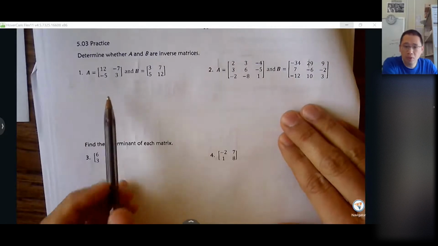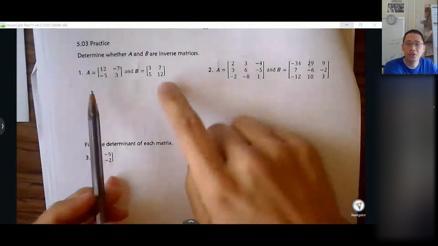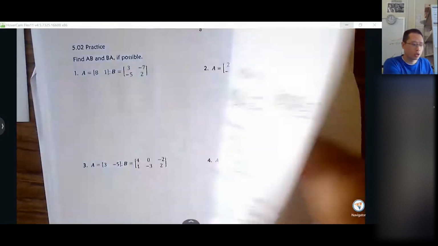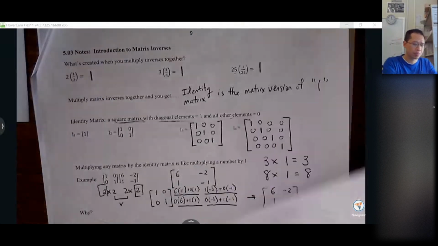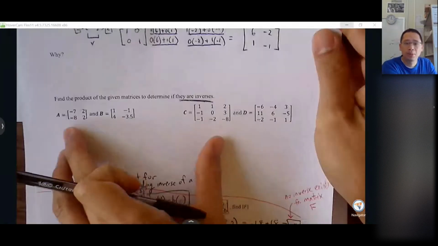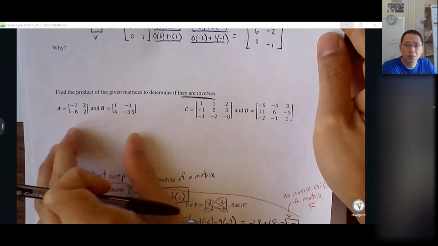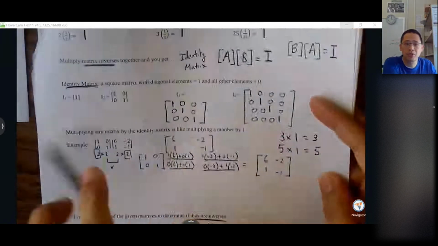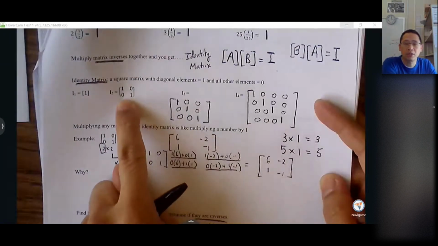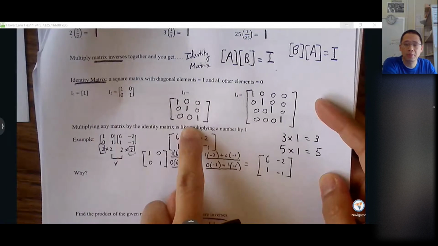I'm going to skip over 1 and 2 because this is basically repeating what we did with the previous problems, where we're just multiplying the two matrices to see if they produce a 2x2 identity matrix or a 3x3 identity matrix.